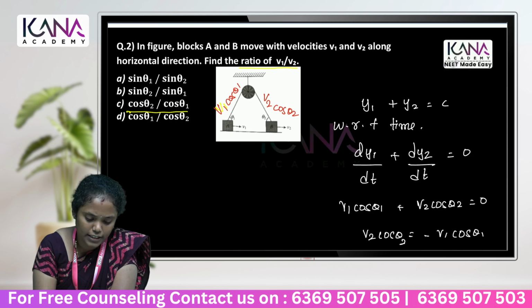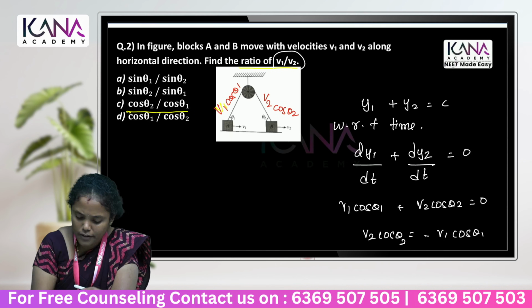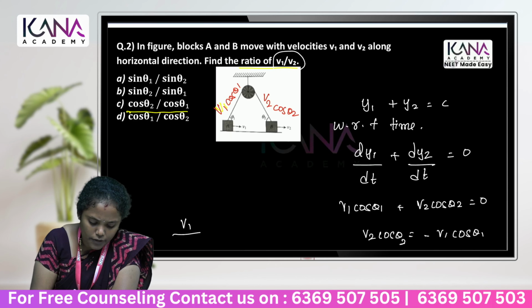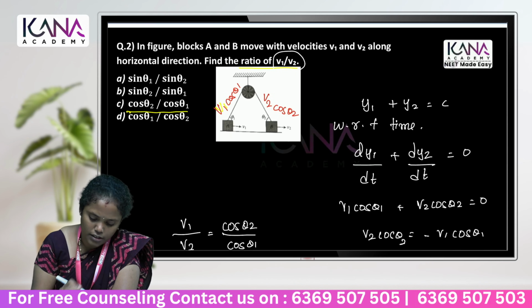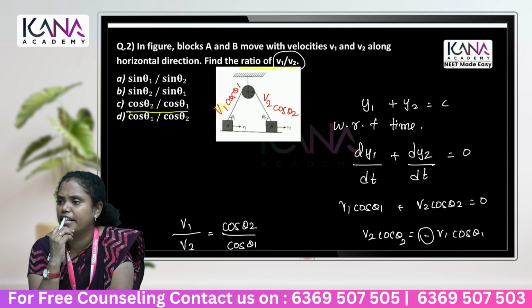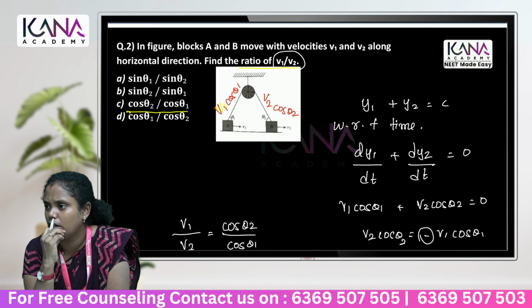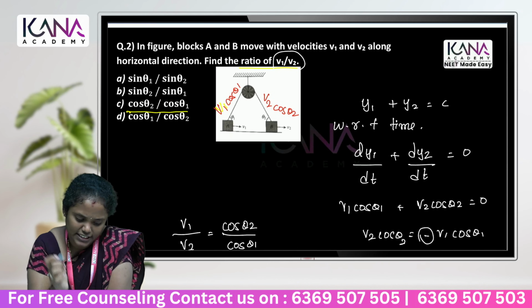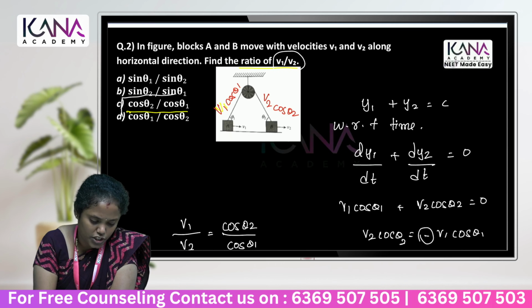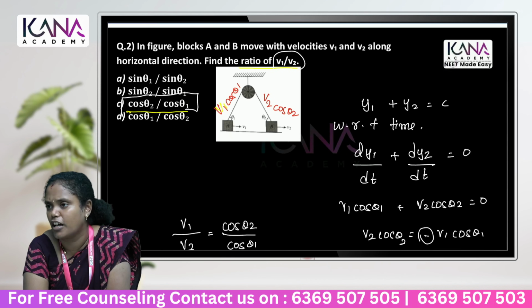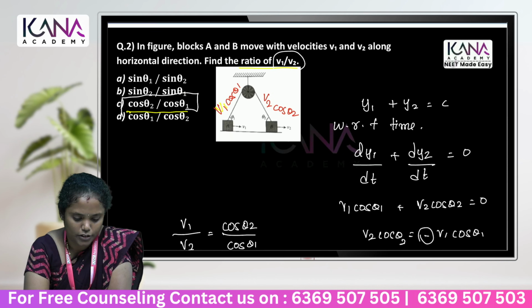We are asked to find v1 by v2, which equals cos theta 2 by cos theta 1. The negative sign indicates the direction is opposite. Remember this constrained motion special case. Good, Darshini.